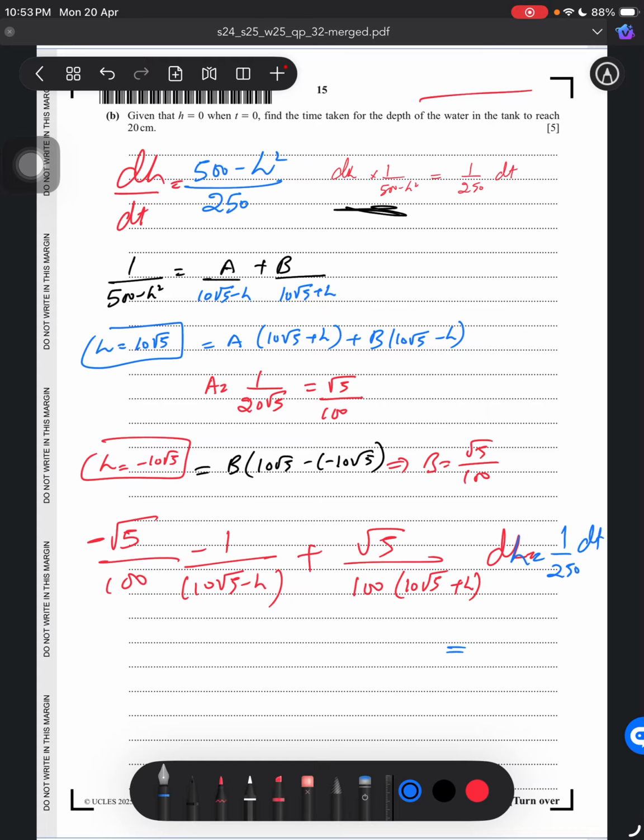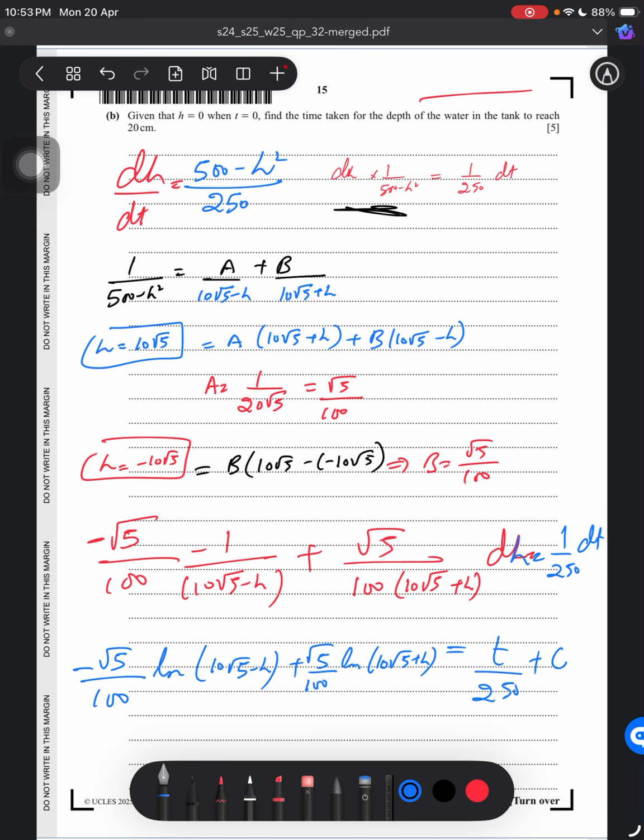So if you integrate, this would be just dt plus c, and you solve this, so this would be negative root 5 over 100 and that would turn out to be ln of the denominator. Same goes for here, root 5 over 100 and ln of the denominator root 5 plus h.